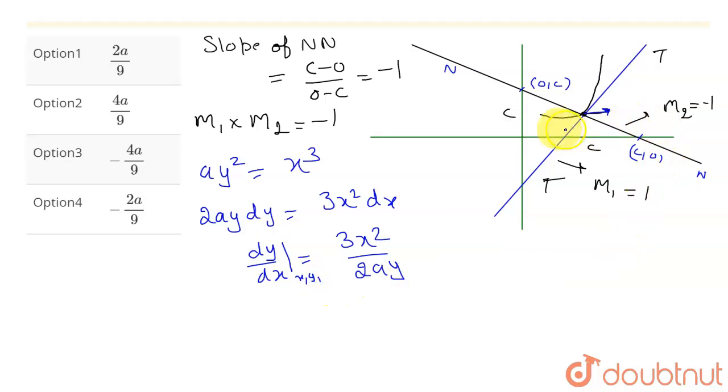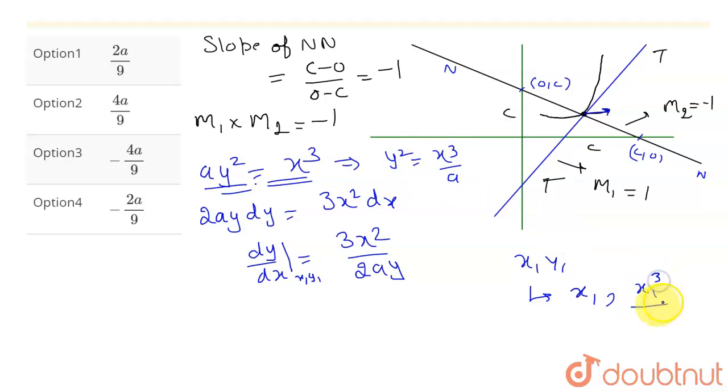As this point is on the curve, let's say my point is x1 y1. From the curve equation I can write that y square will be equal to x cube by a. So my y1 will be equal to x1 cube upon a, all to the power 1 by 2.